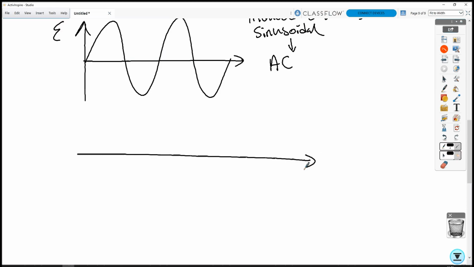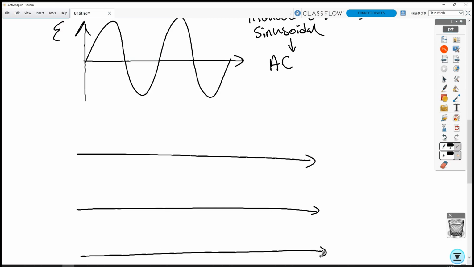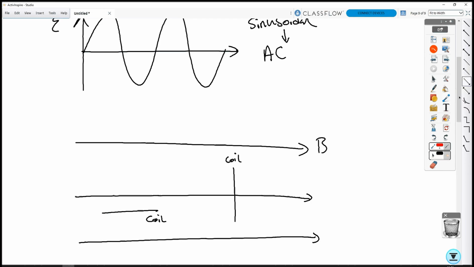And if I sketch field lines once again, so we'll do B. If we drew a coil and coil, and I also draw its indicator.